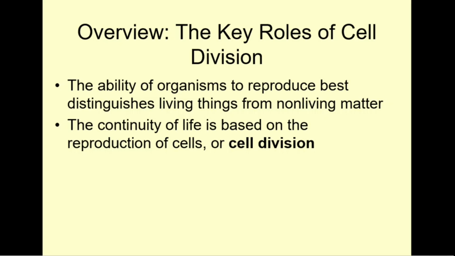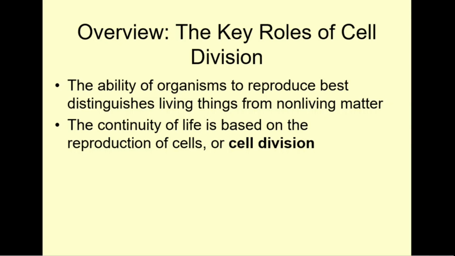But also we need to be able to grow and develop. Clearly we're not born as fully developed adults. That would stretch the bounds of physics. You can't have one organism give birth to an equally sized organism. It's just not possible. So we give birth to small young, and then they have to grow and develop.